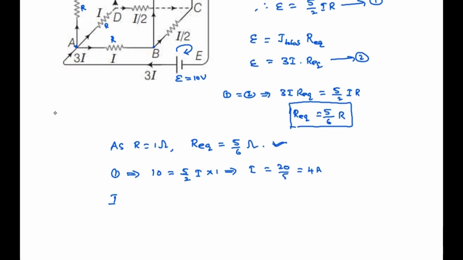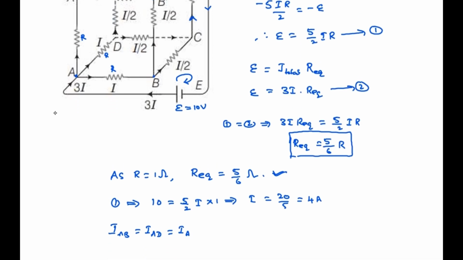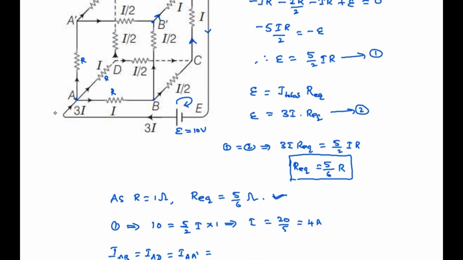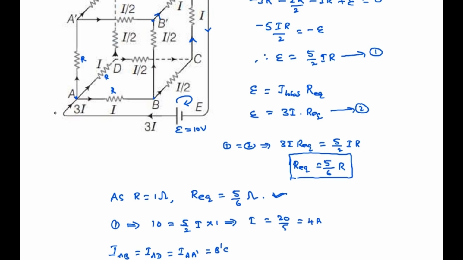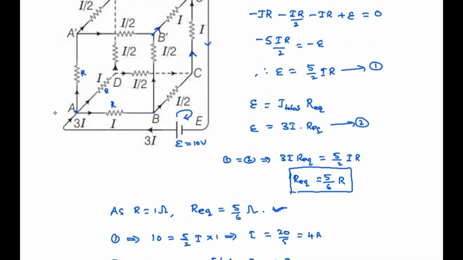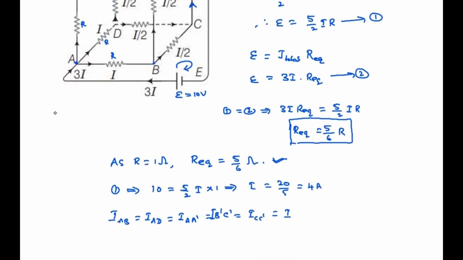That means the current across AB, AD, AA dash, and also across B dash C dash and D dash C dash is 4 ampere.